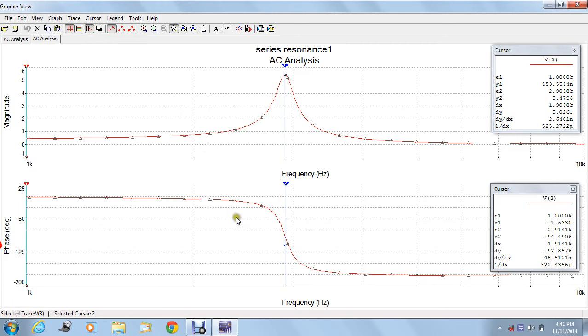So from this simulation, this is inductive. Before resonance, the series resonance circuit is an inductive circuit, and after resonance, the series resonance circuit nature is capacitive. If you observe this graph, now I'm going to close the phase shift.